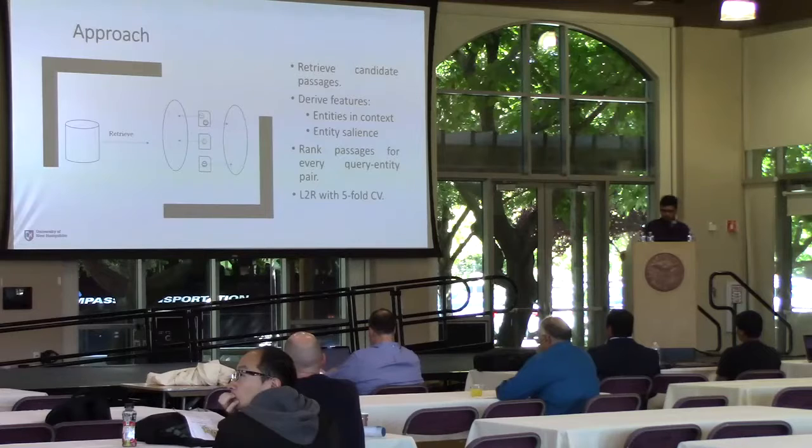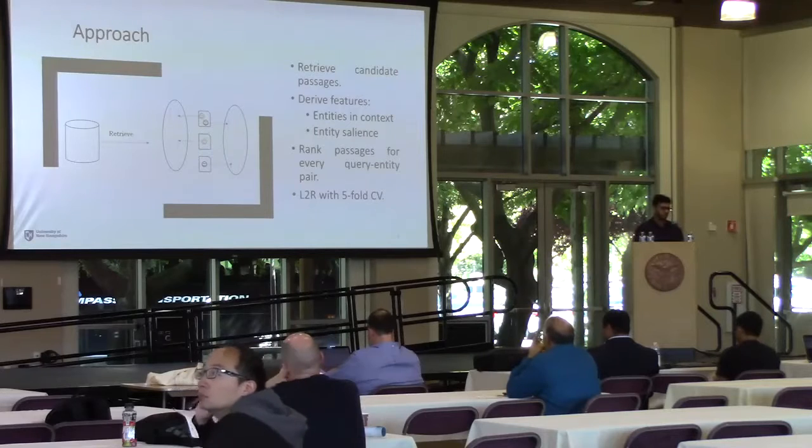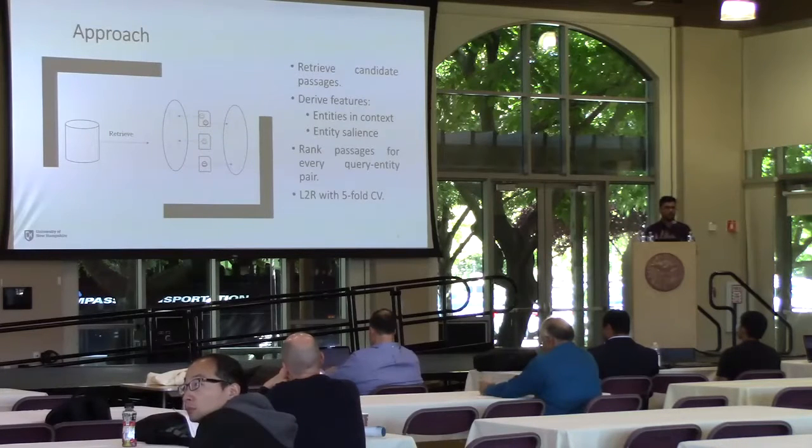The approach that we follow is, of course, we first retrieve a candidate set of passages for the query, and then we derive certain features based on two overarching approaches. The first thing that we look at is entities in context. By entities in context, I mean the other co-occurring entities with that given entity in the passage.